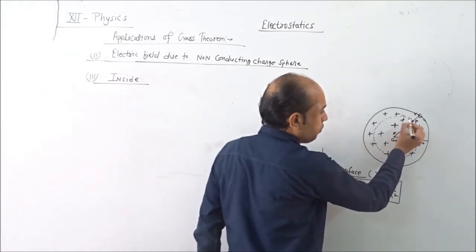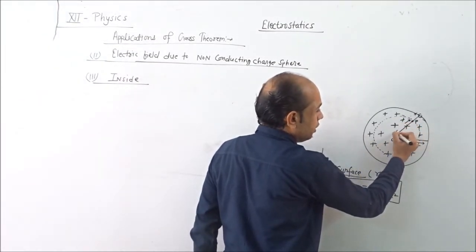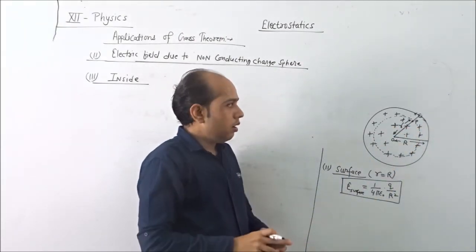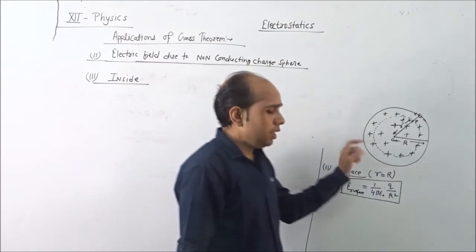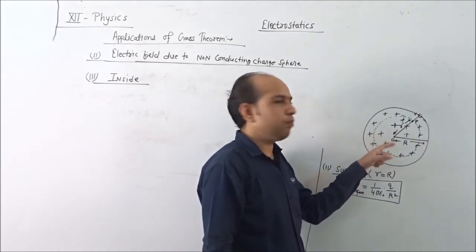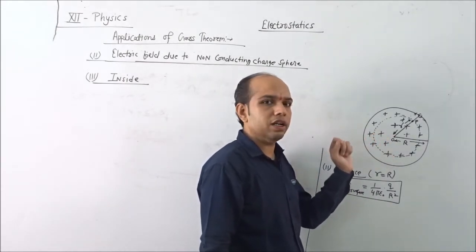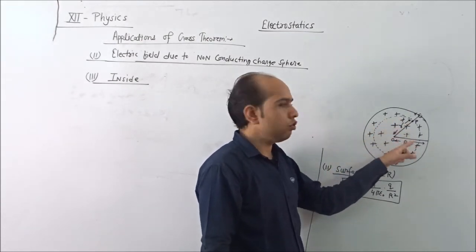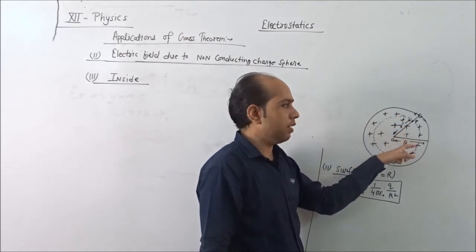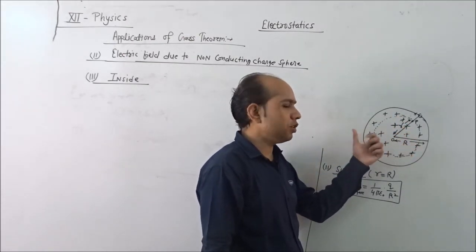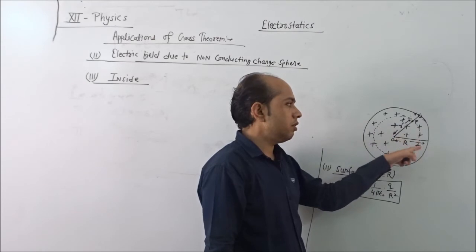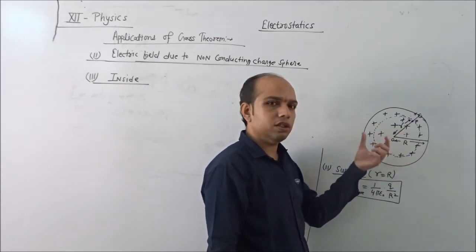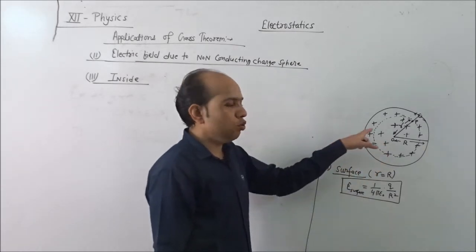Again, the distance O to P is denoted small r. If we compare with the previous result, that is the conducting charged sphere, in that case there is no charge inside the sphere, but in this situation some charge is inside the sphere.